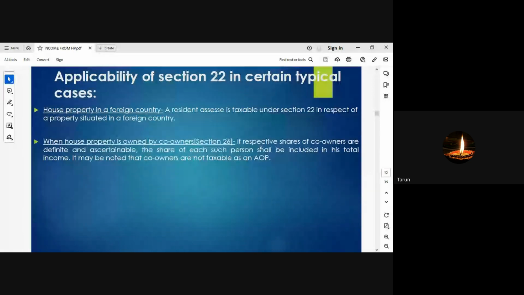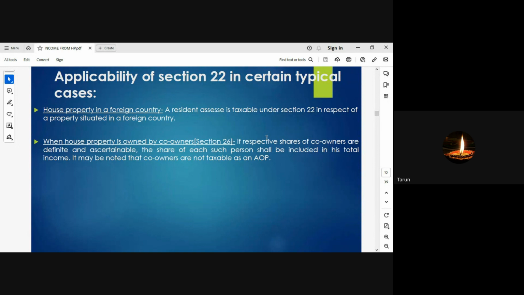So these are the two cases. If the house property is in a foreign country, whether it would be taxable or not. A resident assessee is taxable under section 22 in respect of a property situated in a foreign country.